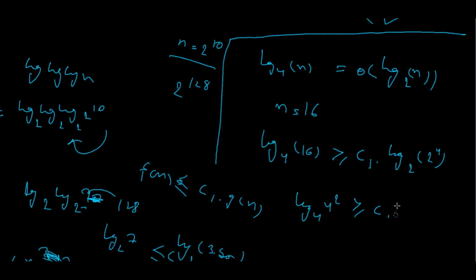Okay, let's go to the pen. It will be 4 here, and 2 there, greater than some constant and 4. So we can take this as a constant, just take 1 by 2 and this will be equal.